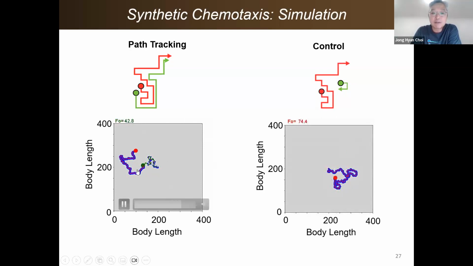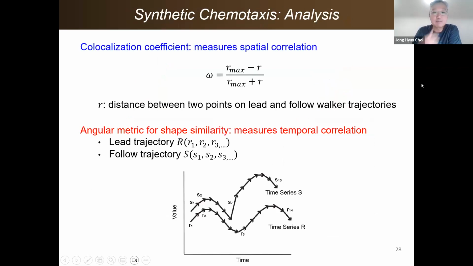The lead vesicles move freely in a random walk, but then we seeded the follow vesicles with some strong bias, so that the green follow vesicle will only stay along the trajectory of the lead, right? If it is seeded somewhere else, it may move slightly, but its movement is going to be really limited.